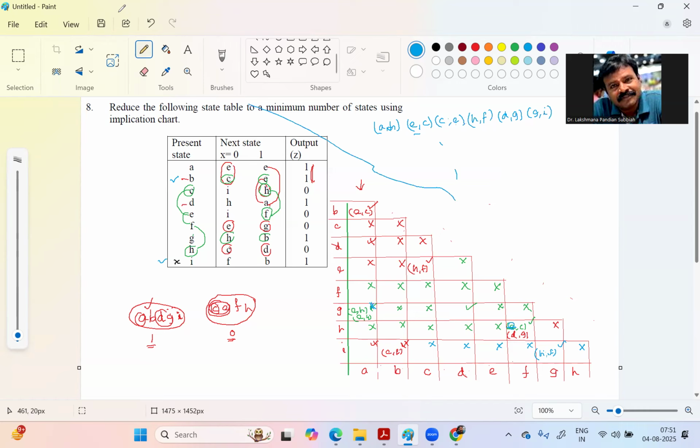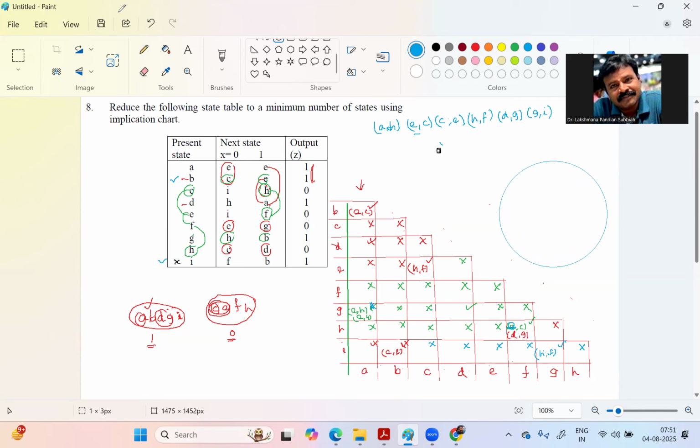Now you have to draw the merger diagram, right?